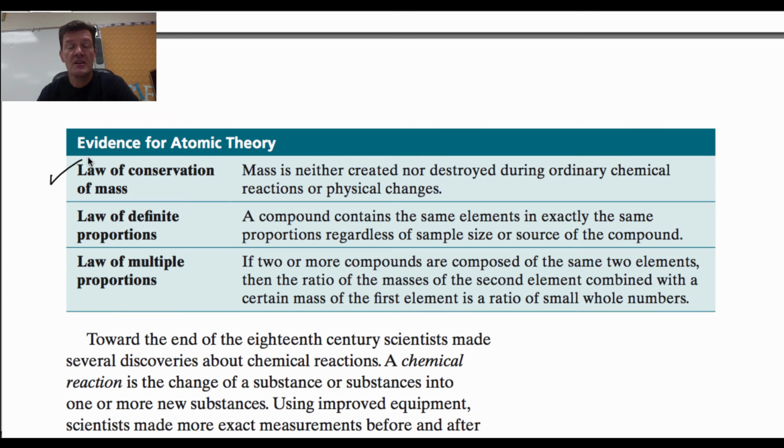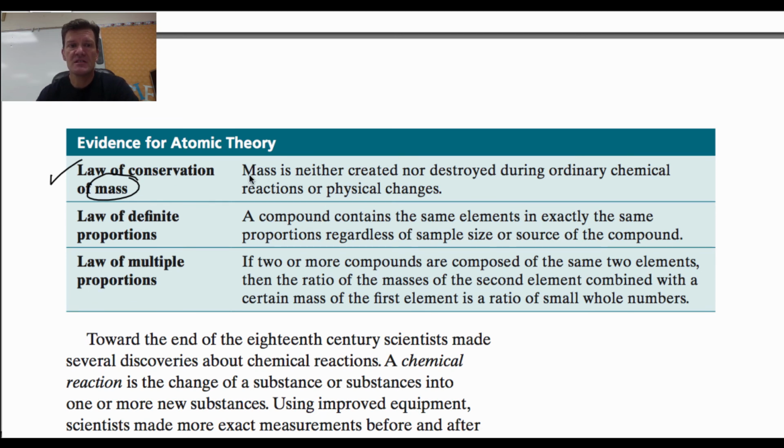You may change the bonding, or what it's bonded to. You may pull apart bonds and form new bonds, but since the atom is not going to be destroyed or new ones created, then since they have mass, we know that the mass before the reaction and the mass after the reaction has to be the same.